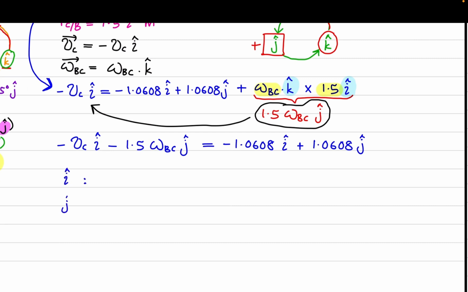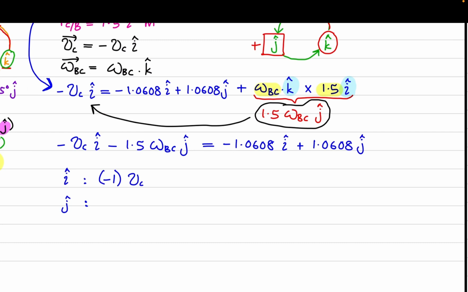Now the final step is to sort them into i and j components. Let's look at the i component for VC. We have minus 1 VC here, and we do not have omega BC for the i component.